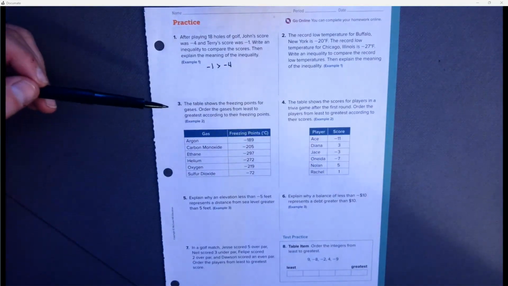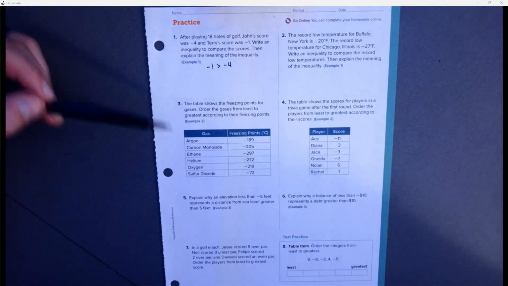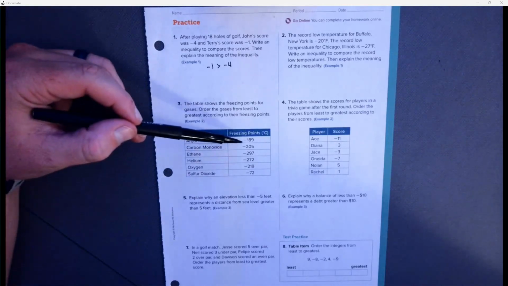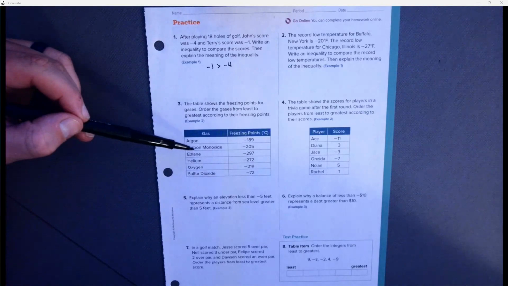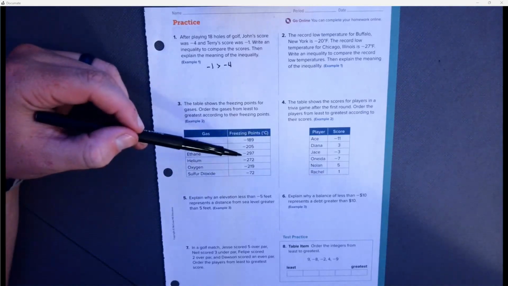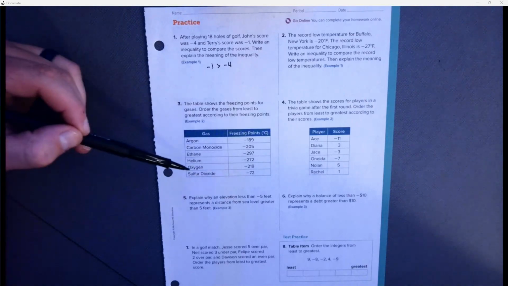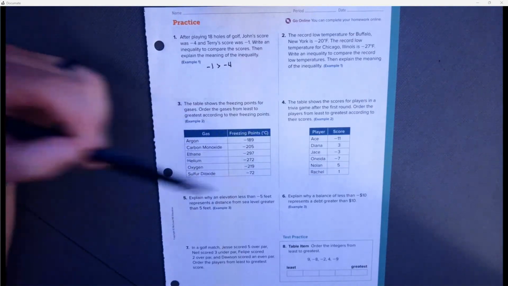The table shows the freezing points for gases. Order the gases from least to greatest according to their freezing points. Argon, -189. Carbon monoxide, -205. Ethane, -297. Helium, -272. Oxygen, -219.